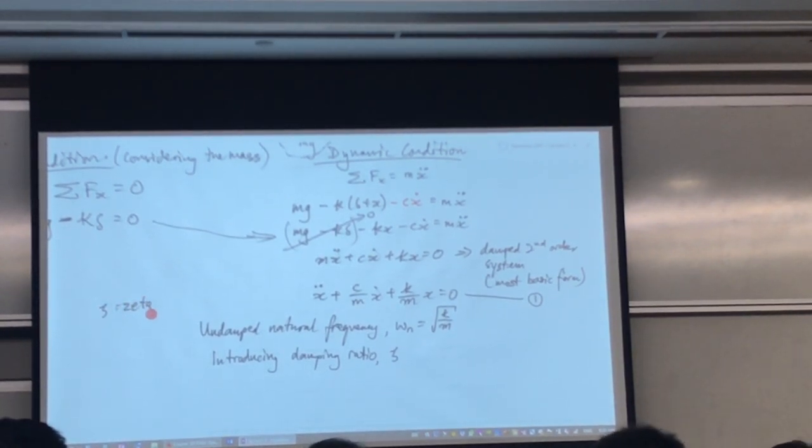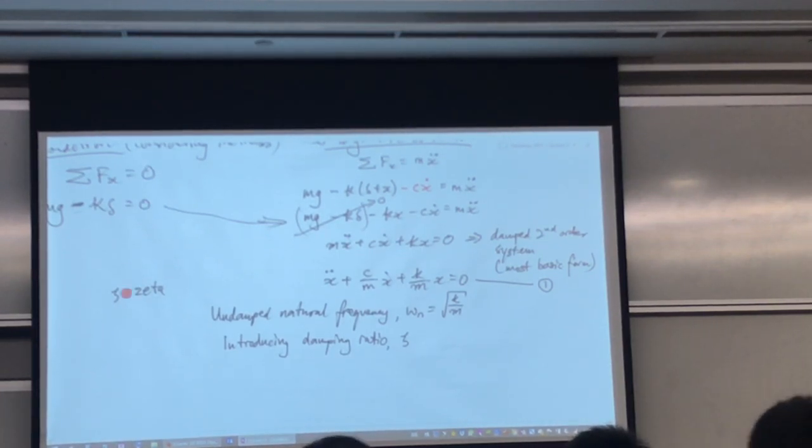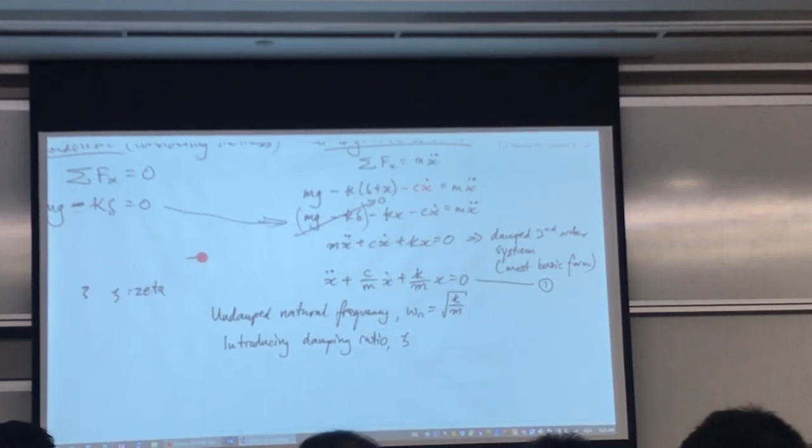Zeta or zeta. Some of you learn in different ways. Note this symbol in your set of lecture notes in printed form. It's kind of like written in that way.